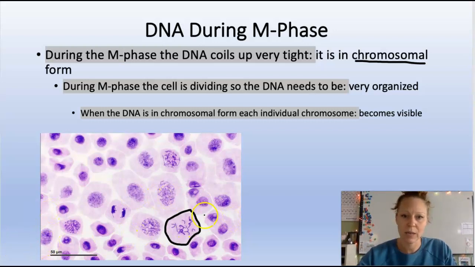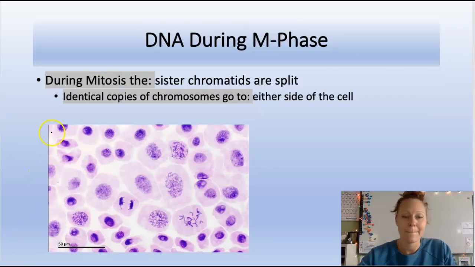And you can see here that during M phase, each individual chromosome becomes more visible. So mitosis is the first part of M phase, and this is where the sister chromatids are split. And if you look here, the identical copies of the chromosomes go to either side.